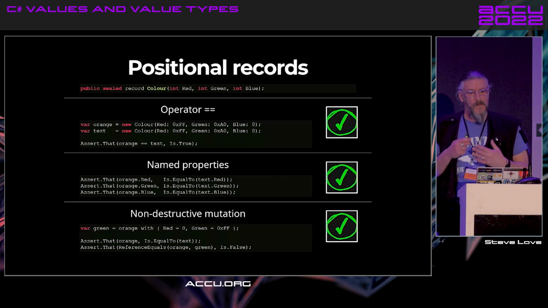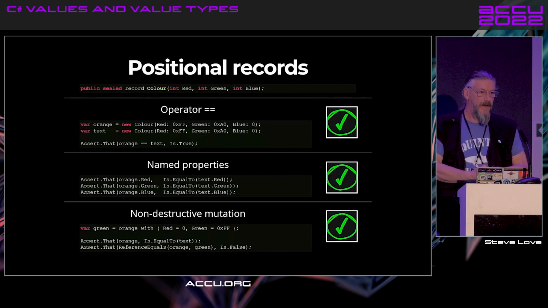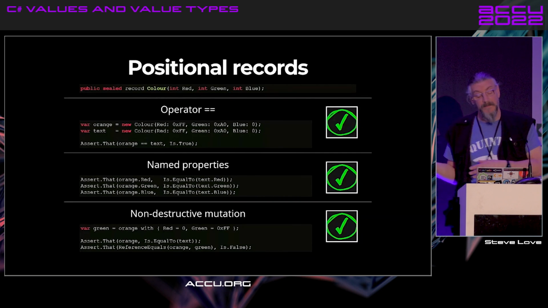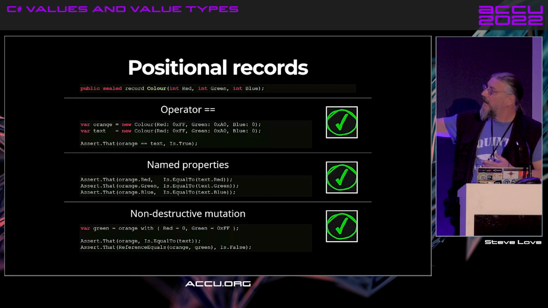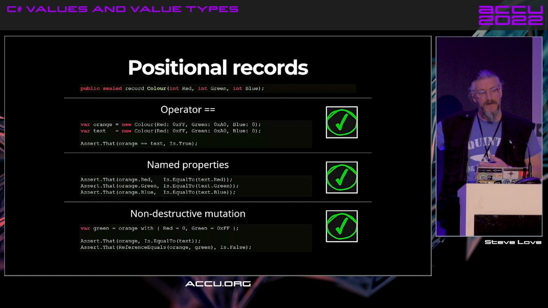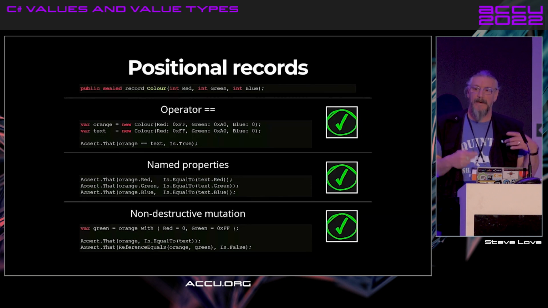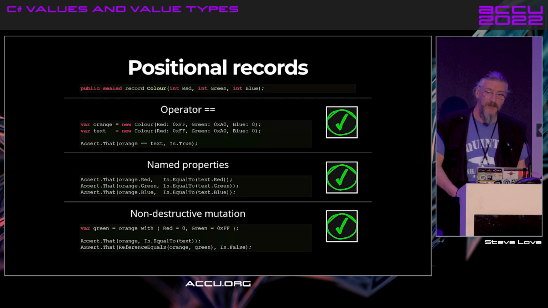Struct types always can be default initialized, irrespective of whether they have any user-defined constructors. One of the outcomes of that is the positional record here. The compiler has generated the constructor, so it's not a user-defined constructor in the sense that the compiler generated it, but in terms of default initialization, it is treated as if it were a custom constructor.